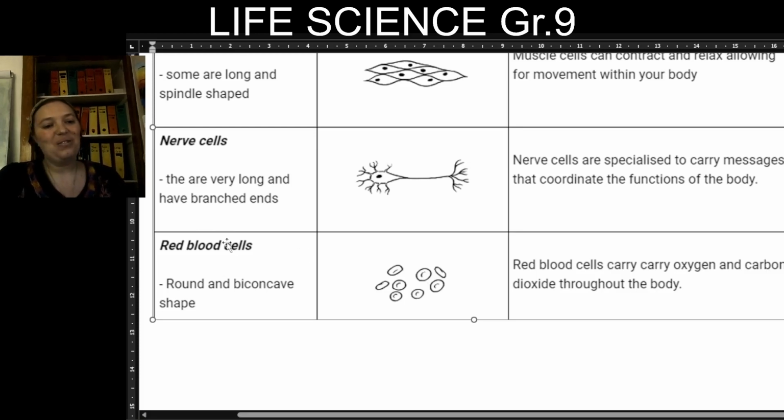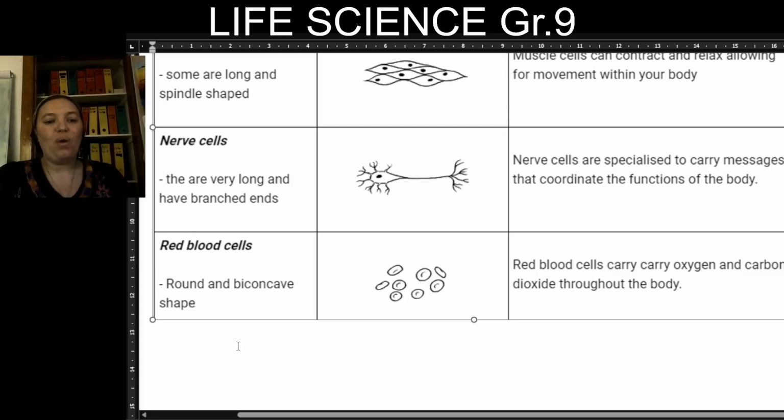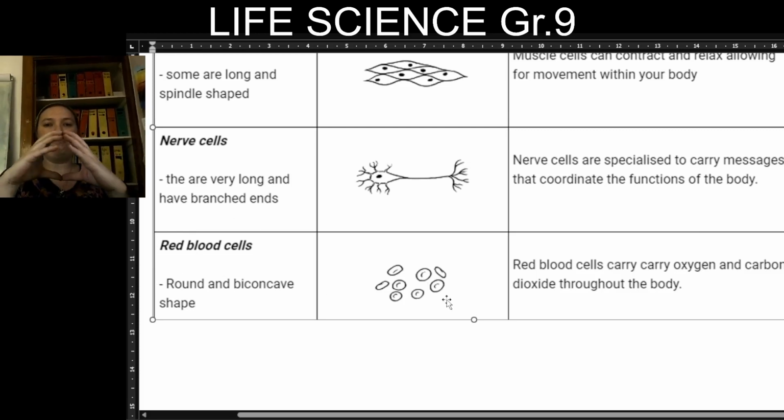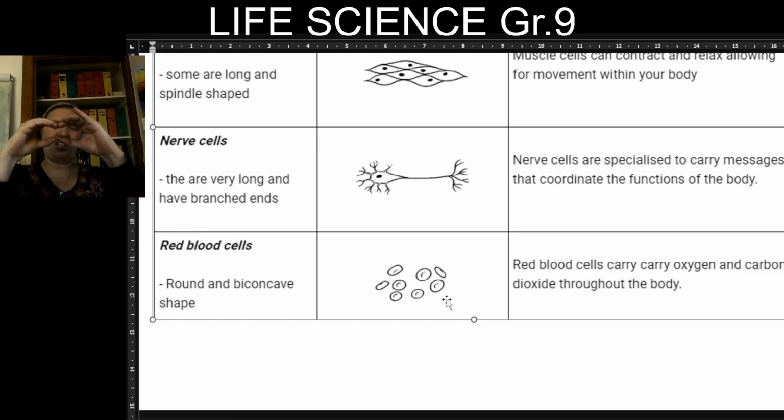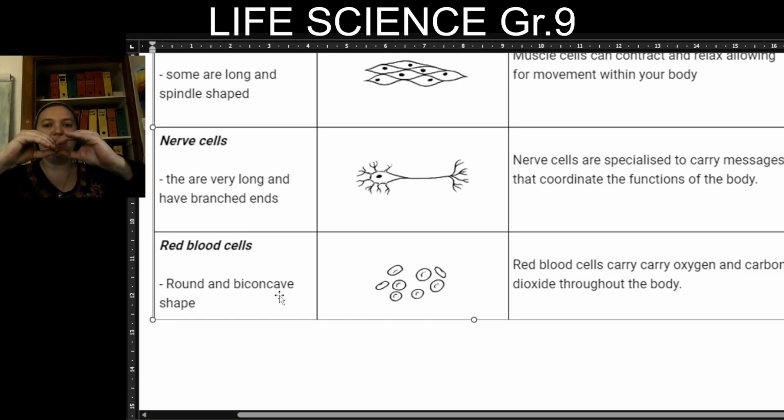And then the other ones we've got here on this diagram are the red blood cells. Most of the other things in the blood are just round. It doesn't look like a specific thing. But the red blood cells, instead of being round, are like that, where it's flat in the middle and bulging out on the sides. We call that biconcave. Bi meaning two, and concave meaning that it caves in the middle.